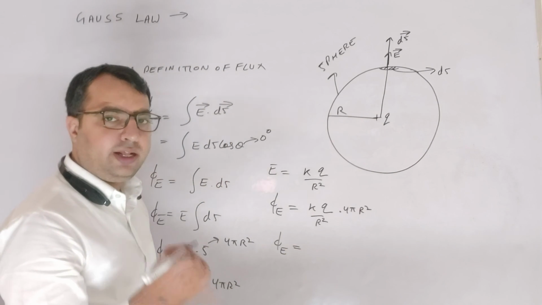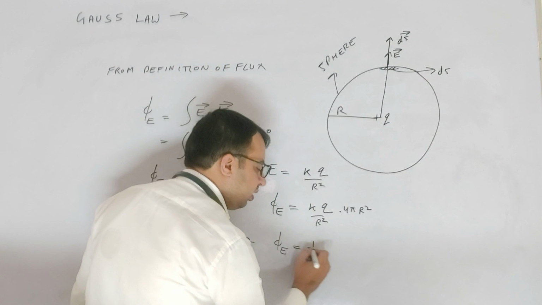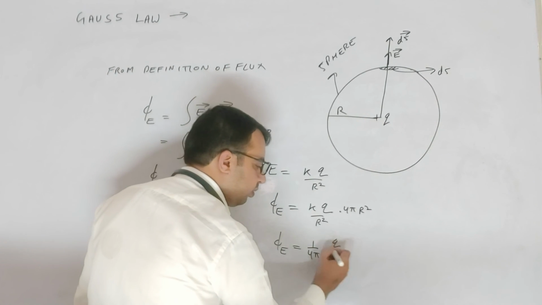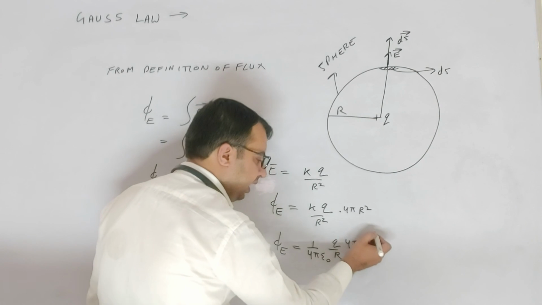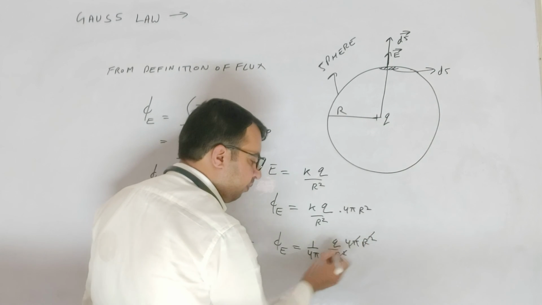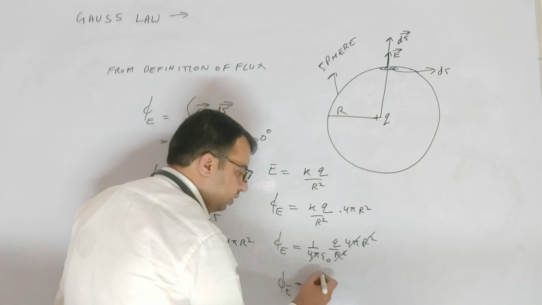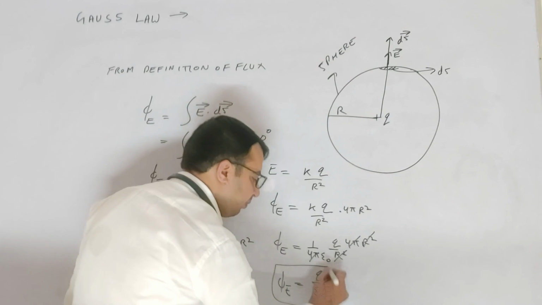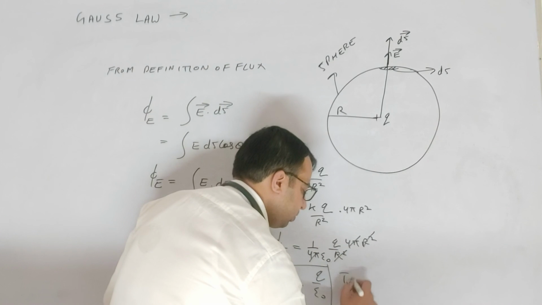As we all know, the electrostatic force constant in terms of the permittivity is given by 1 upon 4 pi epsilon naught, q upon r square, and here comes 4 pi r square. From r square to r square, it will get cancelled out. From 4 pi to 4 pi, it will get cancelled out. We are left with flux is equal to q upon epsilon naught, which is your statement of the Gauss law.